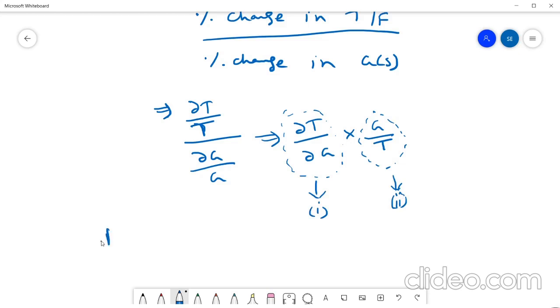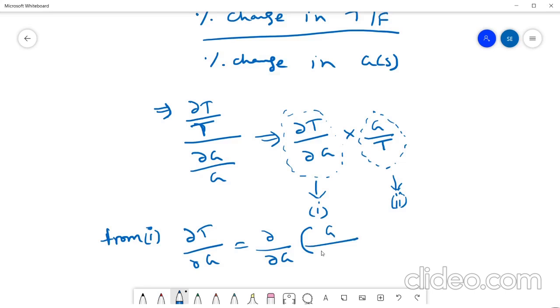From 1, dou T by dou G is equal to dou by dou G of T, what is T? G by 1 plus GH.